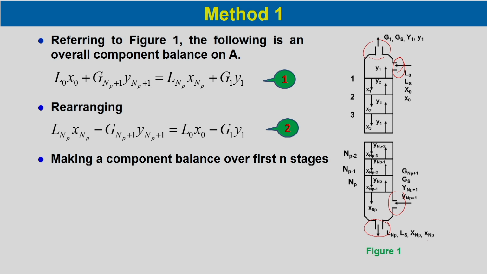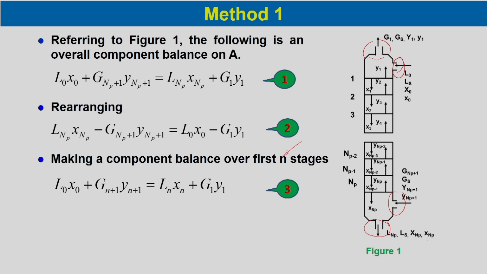Now, making a component balance over first n stages, small n, this n number of stages is anywhere inside the column from top to bottom. So, if we do a balance on first n stages, we can write L naught into x naught plus G n plus 1 into Y n plus 1 would be equal to L n x n plus G 1 Y 1.